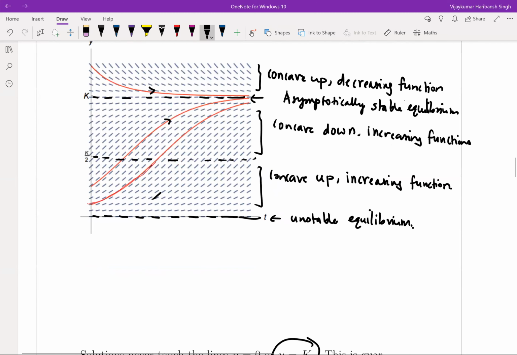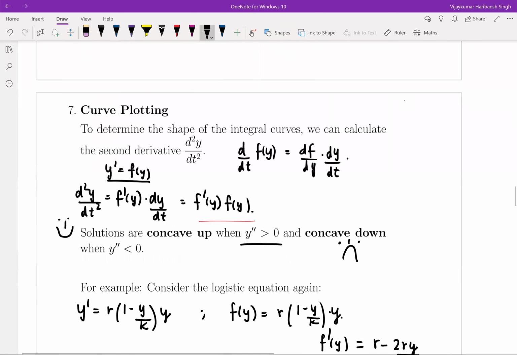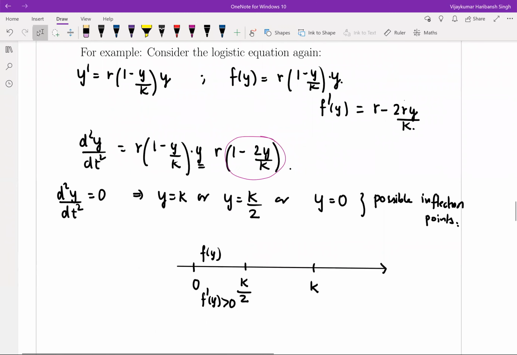So let me write that information down. f(y) is greater than 0 here, greater than 0 here, and less than 0 beyond k.